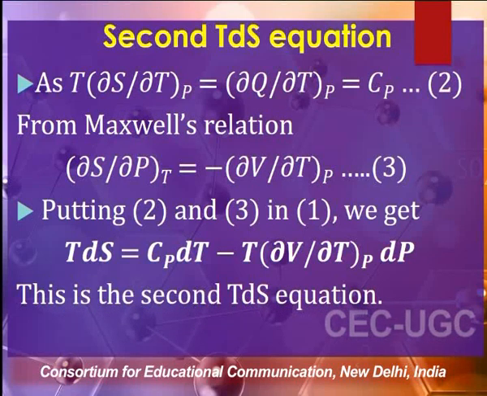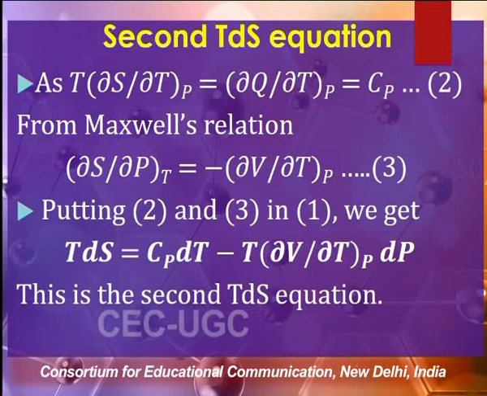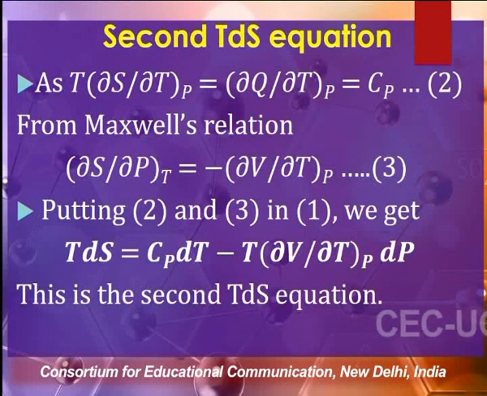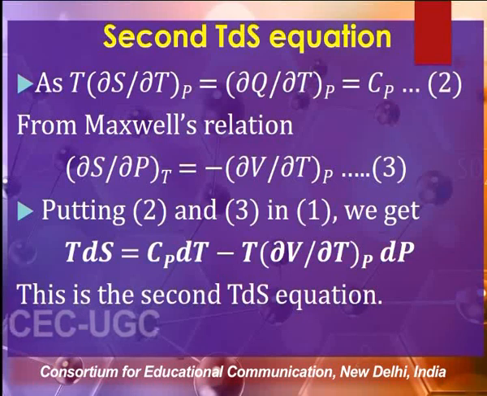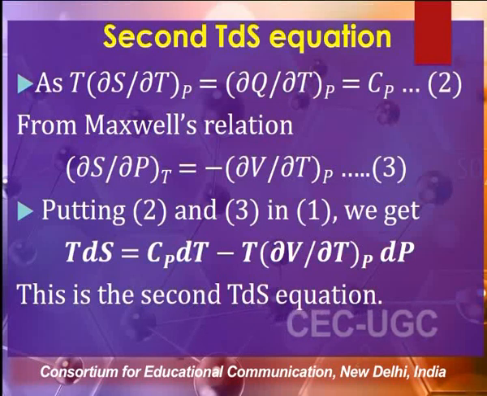Substituting 2 and 3 in equation 1, we get the second TdS equation, which is TdS is equal to Cp dT minus T (∂V/∂T) at constant pressure dP. So, this is the second TdS equation.